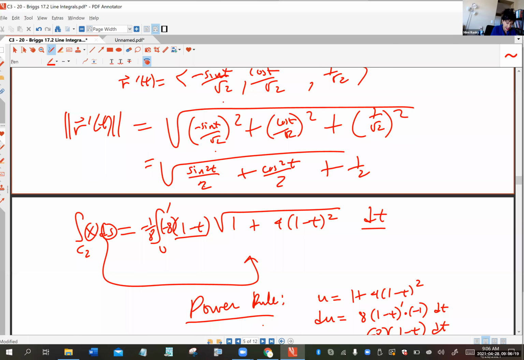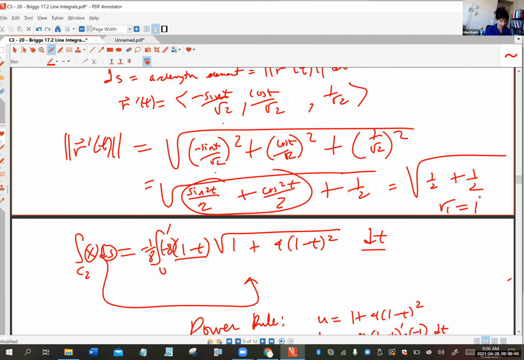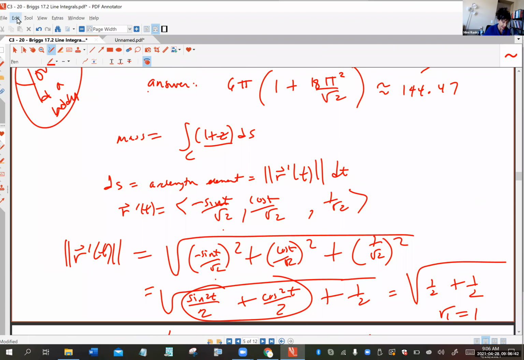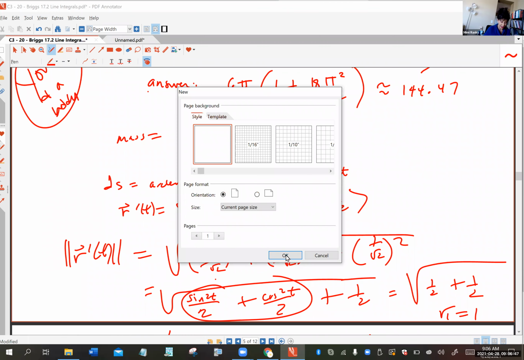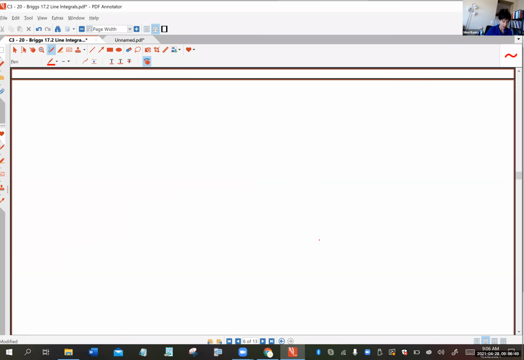If I add these two terms together, keeping in mind that sine squared plus cos squared is 1, I end up getting the square root of a half plus a half under the radical, but a half plus a half is 1. So square root of 1 is 1. Does that always happen? No, but if it does, that's nice. Makes it easier for me. I don't have some weird radical in my integrand.